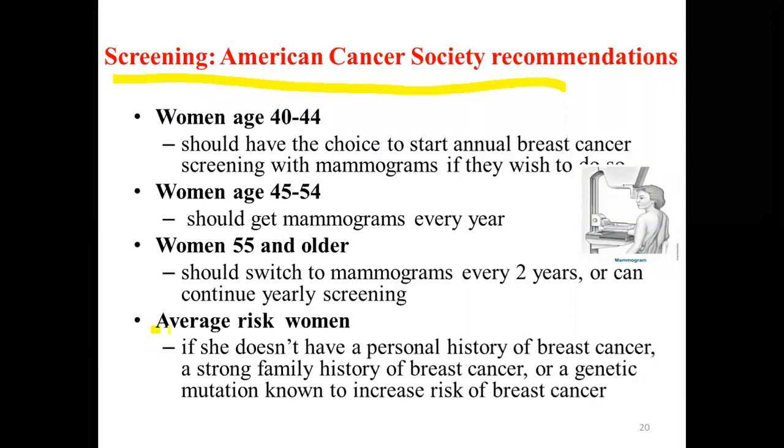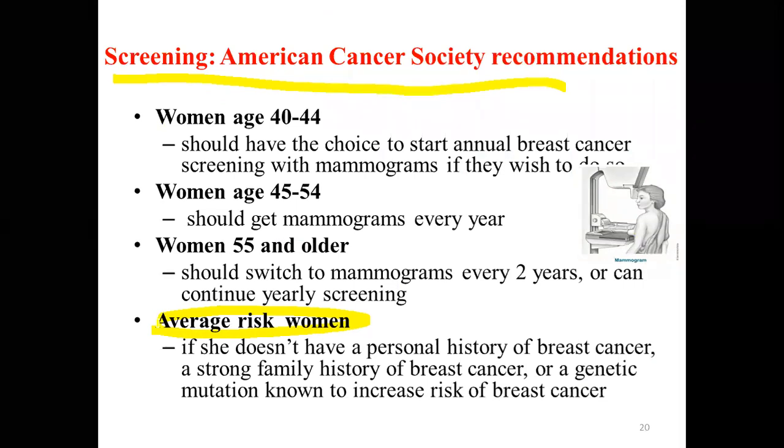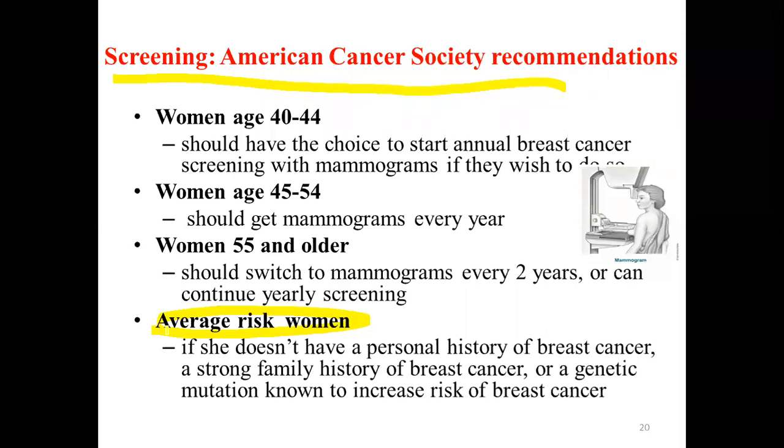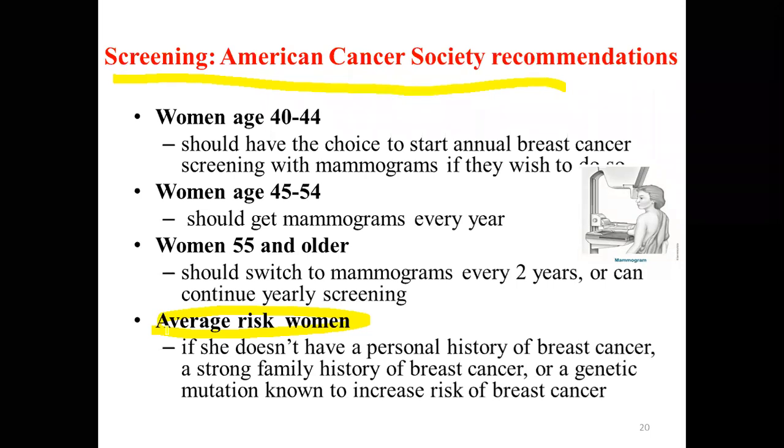The first thing you need to know is, if a woman does not have a personal history of breast cancer, a strong family history of breast cancer, or any genetic mutation, she is at average risk. That means if you don't have all those parameters, you are at average risk.